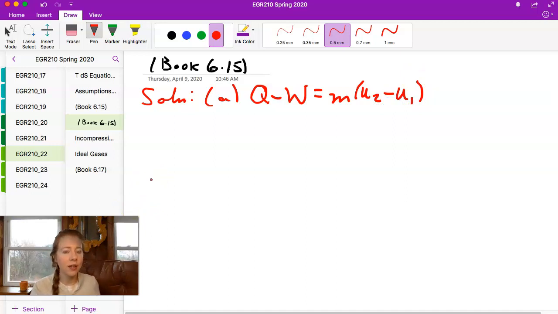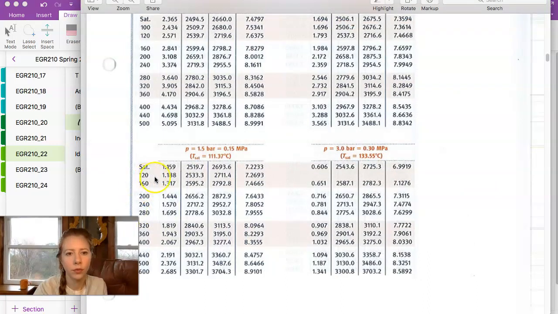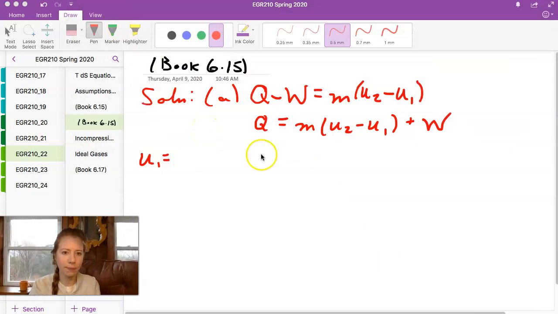So we're given W, and we can go ahead and solve for Q. Q is going to equal M times (U2 minus U1) plus W. And now we can just look up U2 and U1 in our tables. So U1 for 160 is going to be 2,595.2 kilojoules per kilogram.